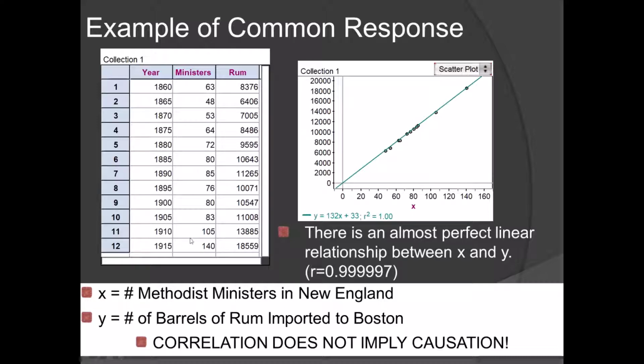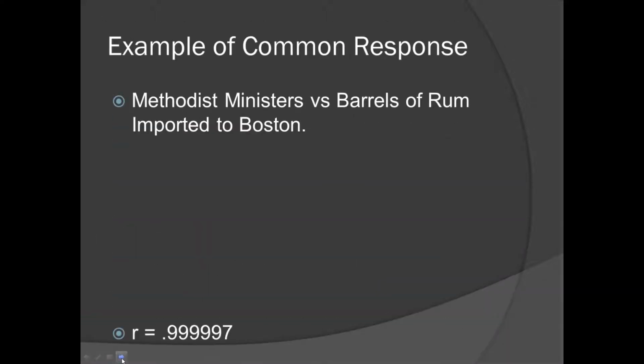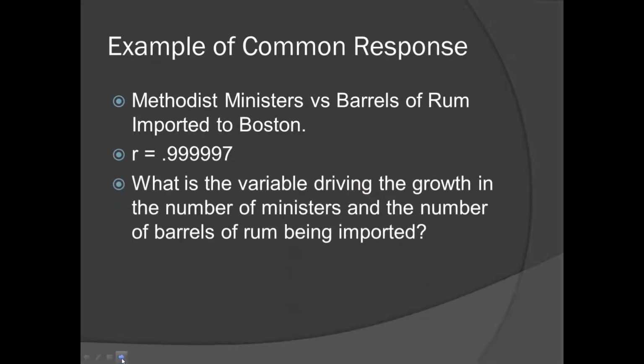So obviously, that must mean that as your religious environment becomes more and more developed or bigger, then there's a need to drink more. Or maybe not. Let's see. Could there be anything that would be driving them both? Most classes figured it out. That's what we're comparing, how well they're related.